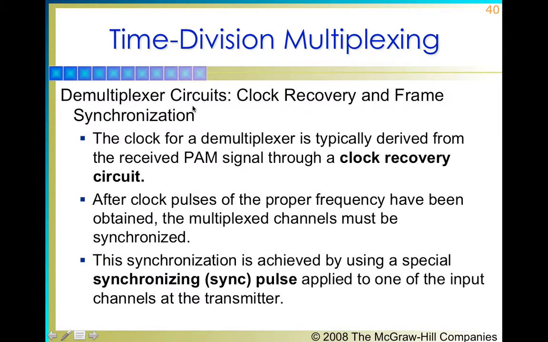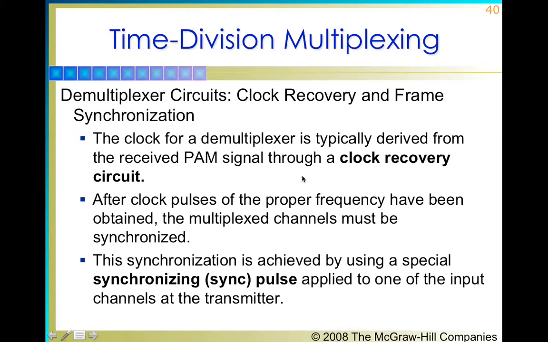And in addition to that, we can have a clock recovery circuit which is getting the PAM signal on the receiver side and doing some further processing on that PAM signal, and with the help of that we can retrieve our clock signal.